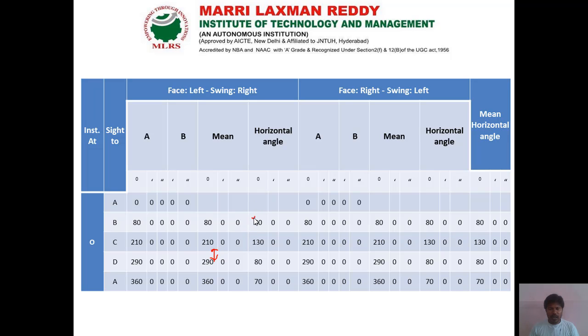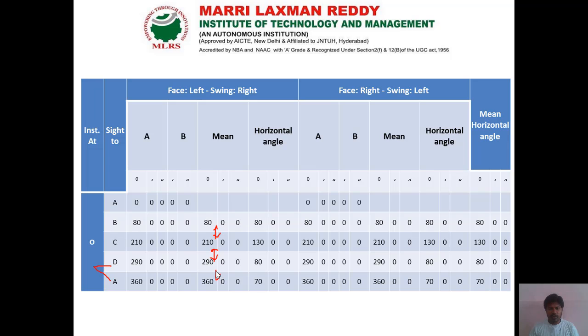Next, while focusing the point A, I get the angle of 360 degree, which I have written here. So 360 degree minus 290 degree, so the angle of 70 degree is the horizontal angle between the points DOA.